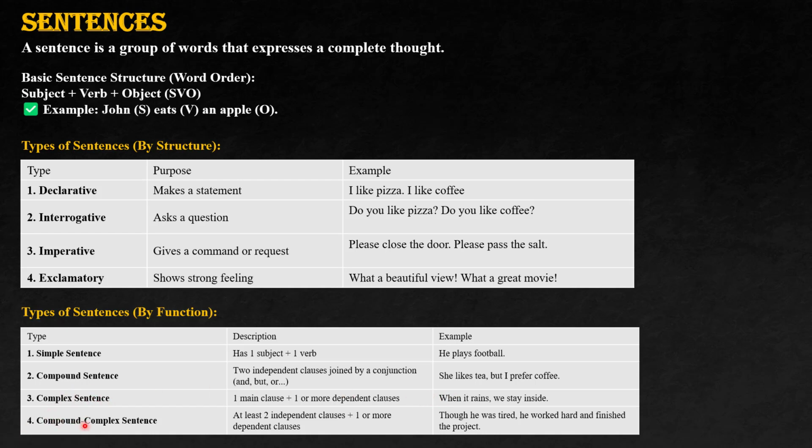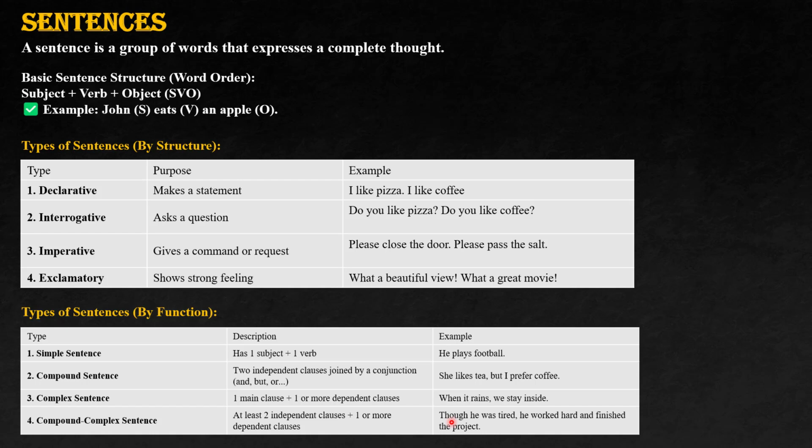Then the compound-complex sentence. What are these? Here we have at least two independent clauses and one or more dependent clauses. In the sense that not only dependent clauses, we will have independent as well as dependent clauses in the complete compound-complex sentence. For example, though he was tired.